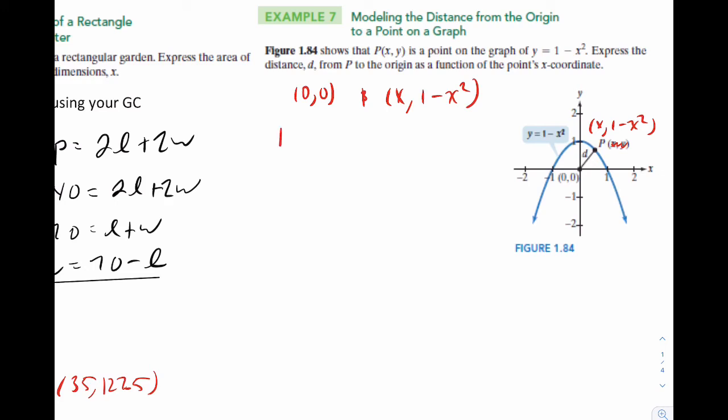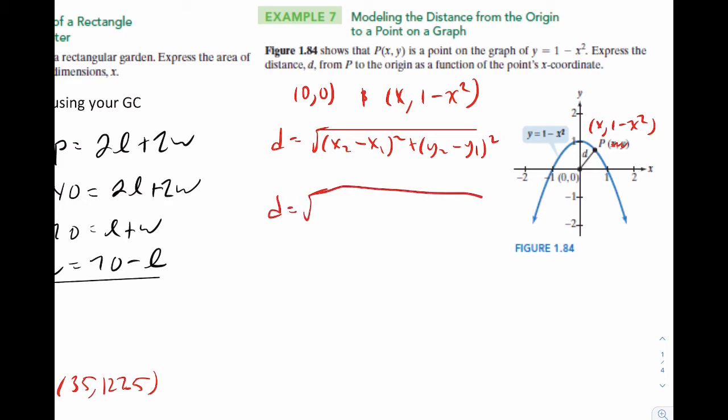So recall the distance formula. This is from your algebra class. The distance formula is the square root of x2 minus x1 squared plus y2 minus y1 squared. So we're going to plug it in. That would be x minus 0 squared plus 1 minus x squared minus 0 squared.